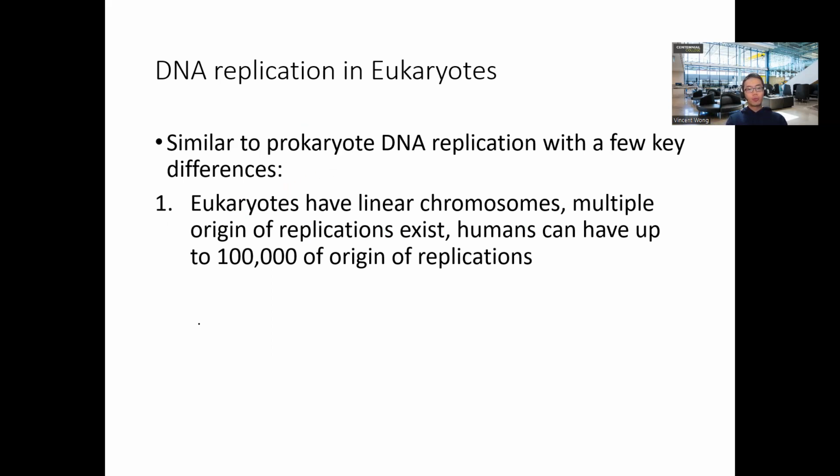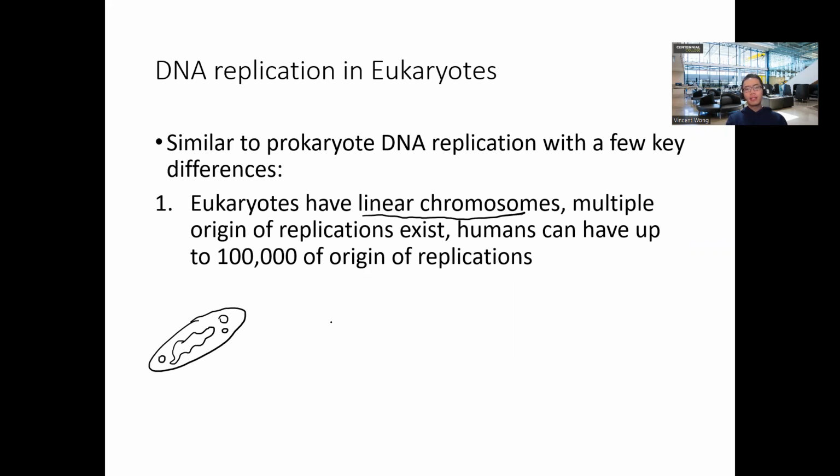You might remember I drew a picture of the bacterium way back in lecture 3. They have these circular DNAs, and then they also have plasmids. But all these things are a circle. It just goes around in a loop. Whereas us, we have linear chromosomes, a total of 46 of them, and they're very long.